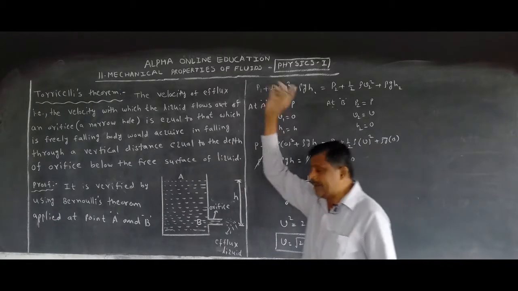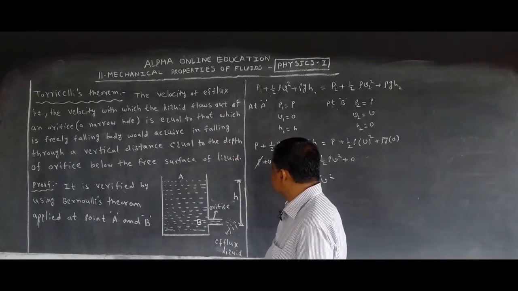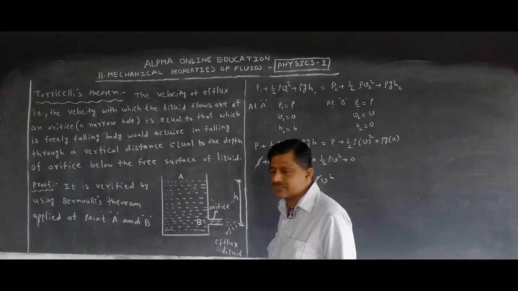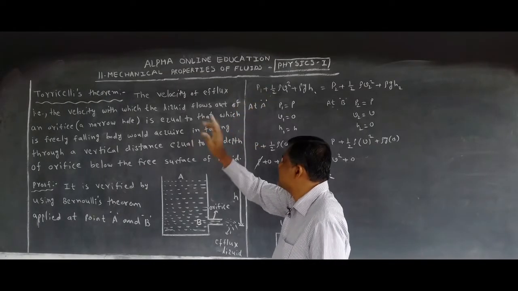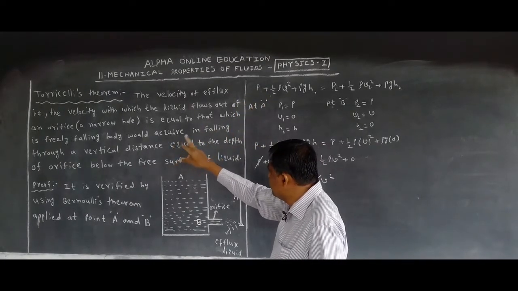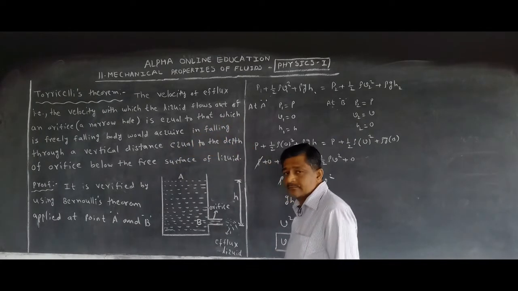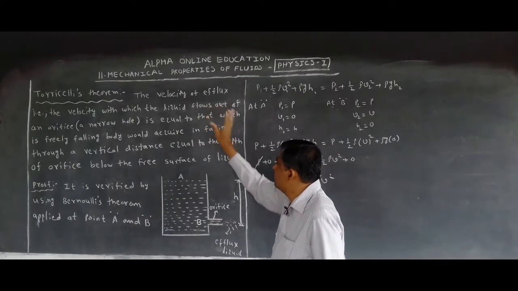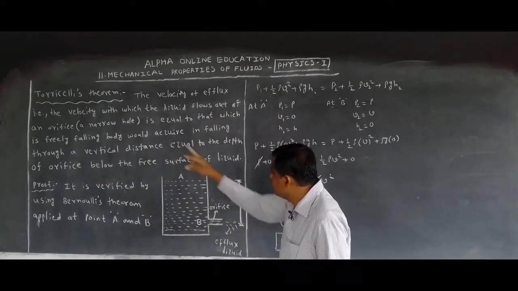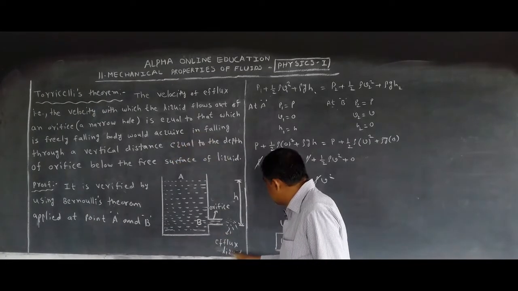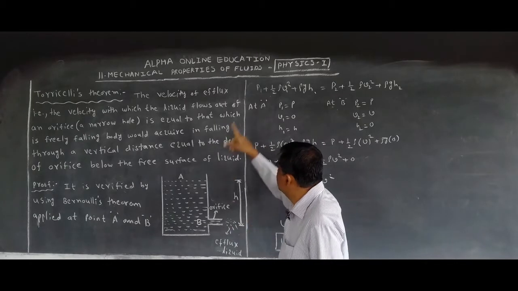Now we write the statement. The velocity of efflux, or efflux liquid, is the velocity with which the liquid flows out of an orifice.